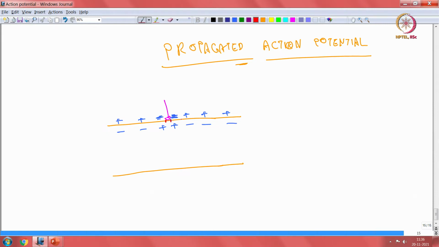There are also sodium channels all over here, a little farther away from this particular stimulus. The local change in current gets transmitted slightly outward because of the voltage changes which are happening.